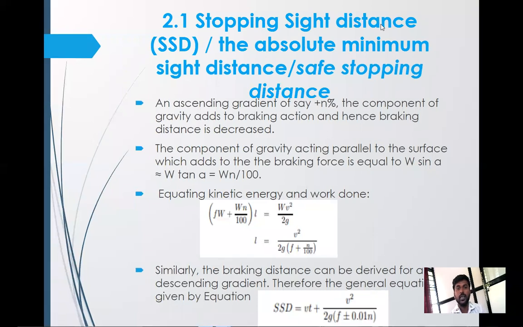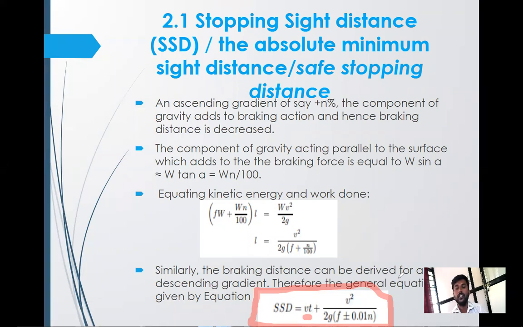If the descending gradient is given, then we take the sign as minus. This is a very important formula that might be asked in MCQ. In this, the velocity V is in meter per second, it is very important.